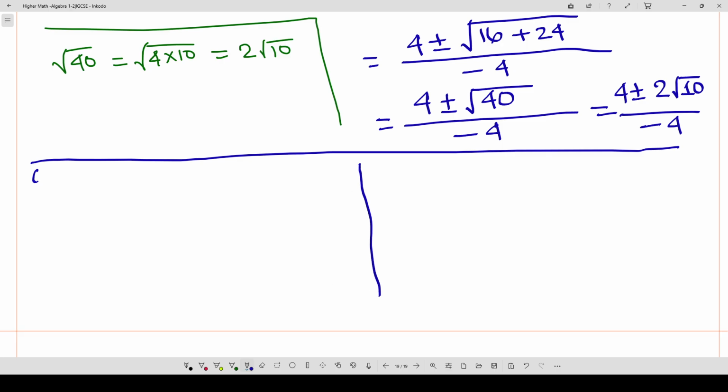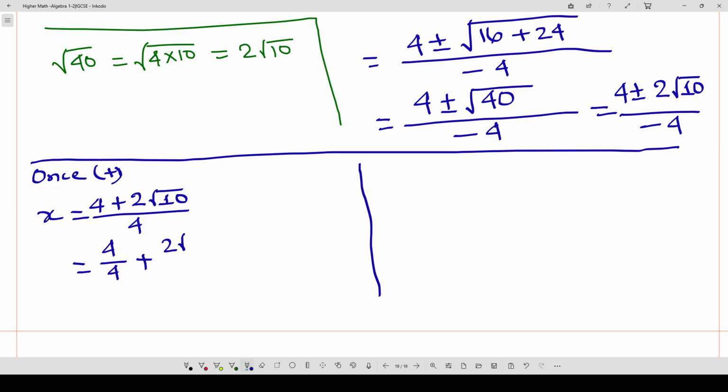Once positive, x equals 4 plus 2 root 10 divided by minus 4. So we can write 4 by minus 4 plus 2 root 10 by minus 4.